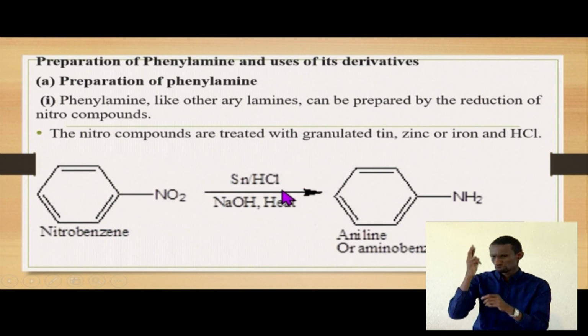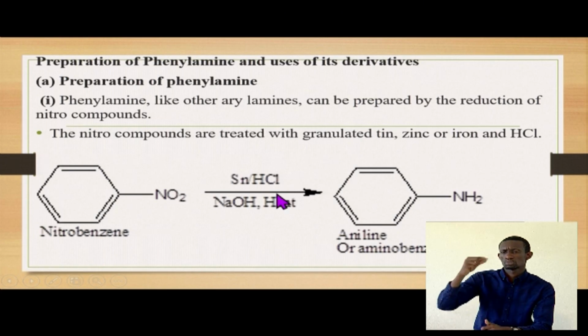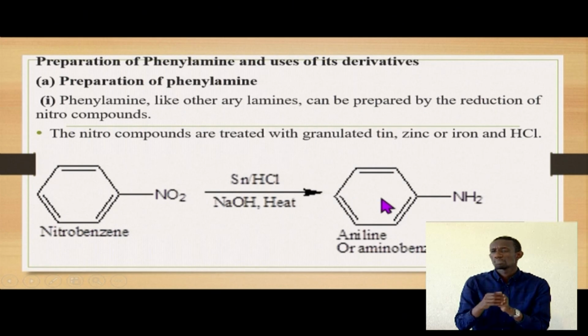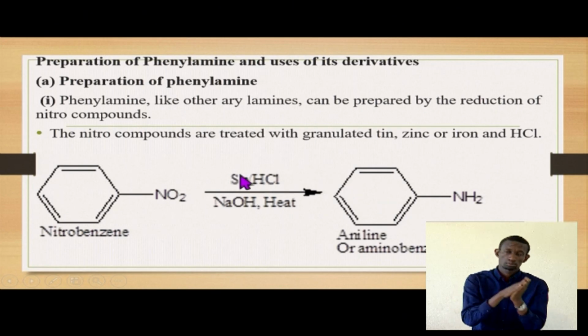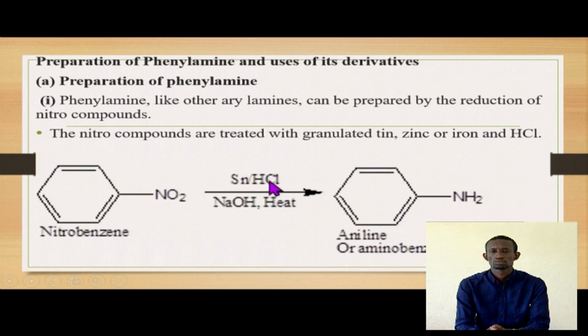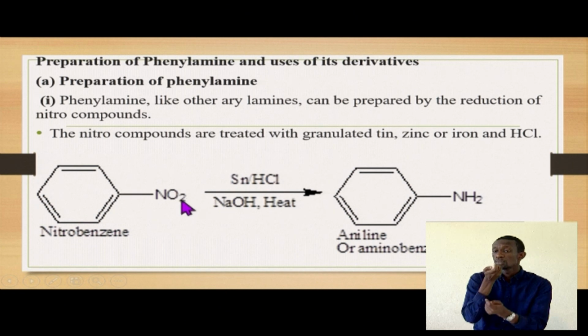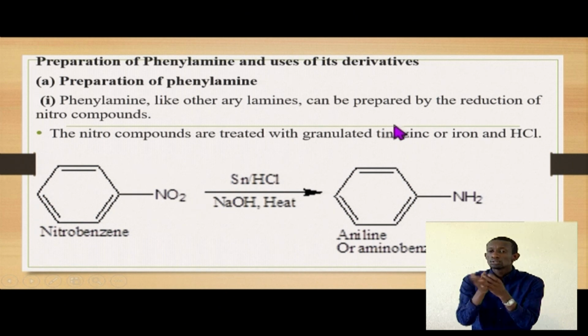Remember, these organic compounds are less reactive, and therefore those conditions must be present for the reaction to occur. Tin in presence of hydrochloric acid and sodium hydroxide, and then heat.